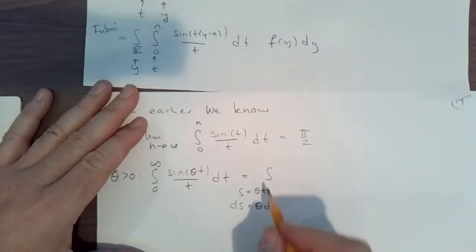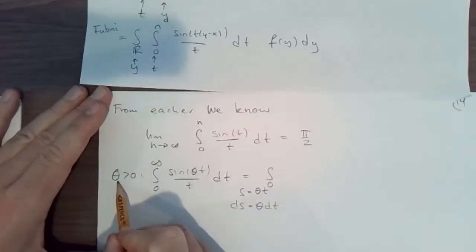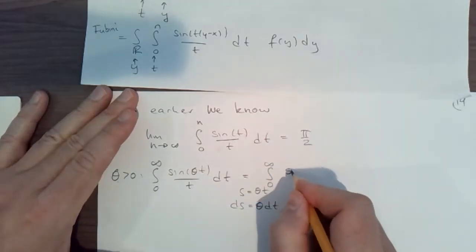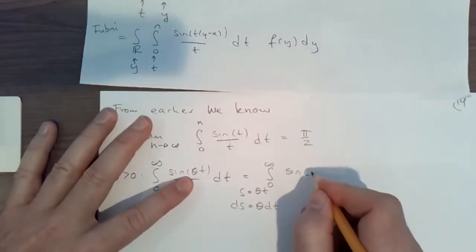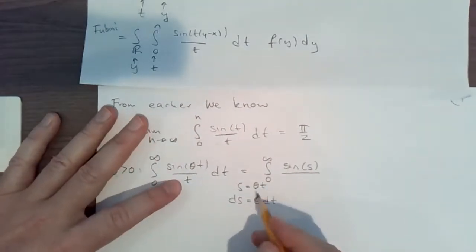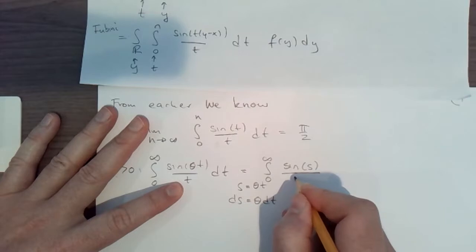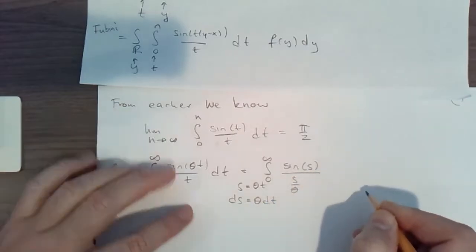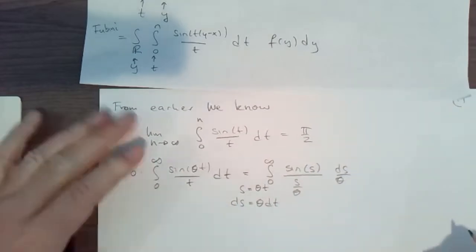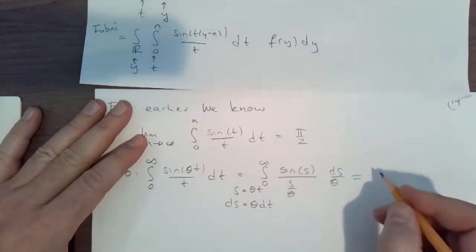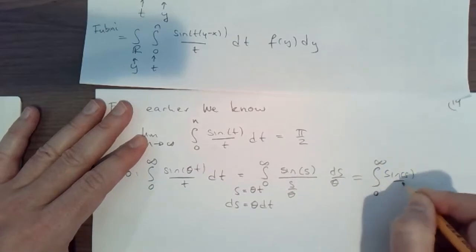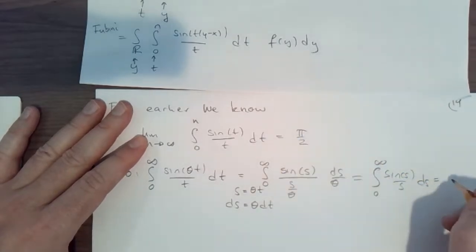When t is equal to 0, s is equal to 0, and because θ is positive, I keep the plus infinity up here. Then I'll have sine of s, and downstairs, instead of t, I would have s divided by θ, and instead of dt, I would have ds divided by θ. So you see the θs cancel out. I'll have the integral from 0 to infinity of sine s over s ds, and this was exactly my pi over 2.